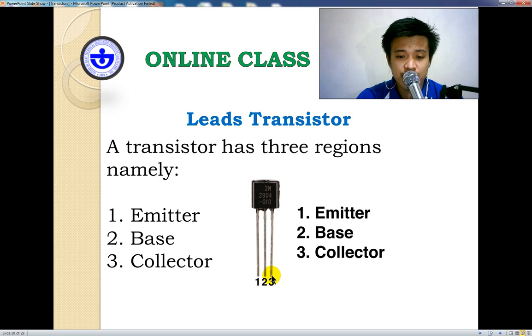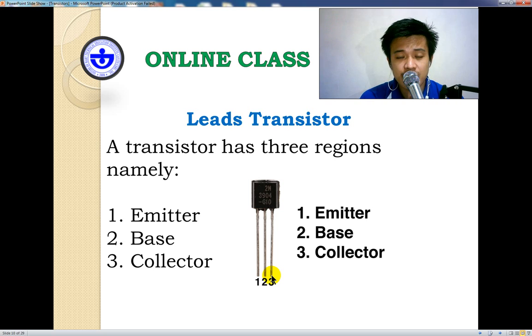That is why if you are given a transistor, one of your problems is to identify where the collector, base, and emitter terminals are. Unless you have the internet, then you can type the specification of the transistor and it will provide which leg is the emitter, the base, and the collector.